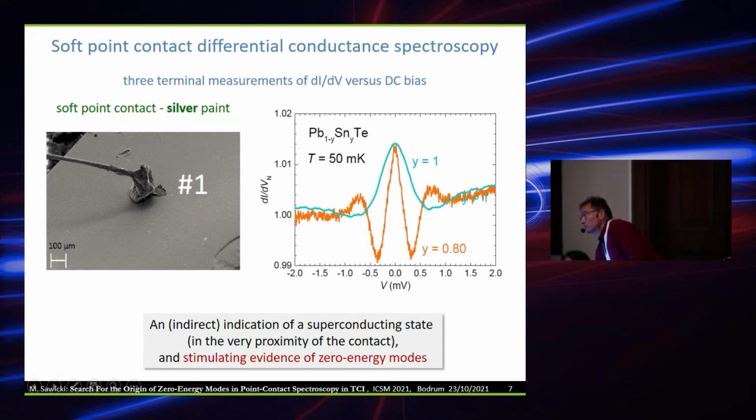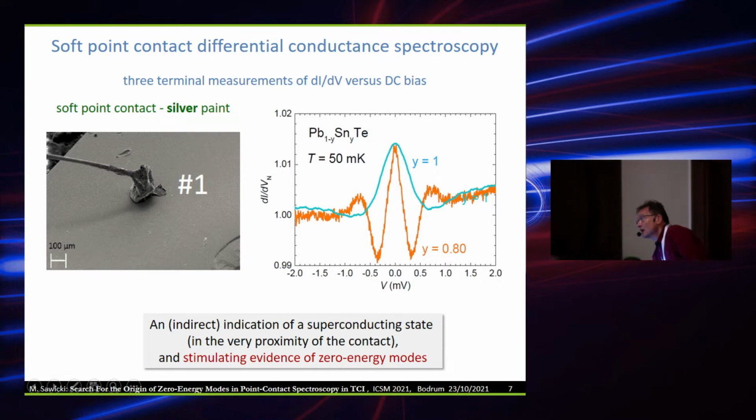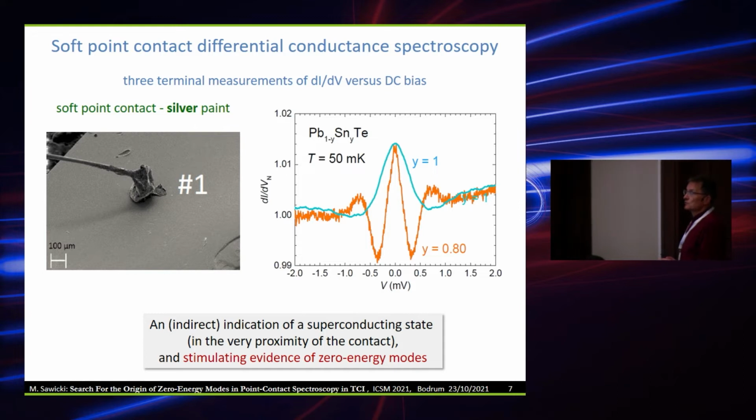Depending on the contacts, depending somehow on the days, because these contacts have to be trained or prepared to work properly, we see a structure which has two very characteristic features. First of all, it has got a width. For example, the orange one has got peaks which very nicely mimic the high density of states which we can find in tunneling to superconductors. And apart from this, at the center, at the zero bias, we see a very well defined, very strong structure.